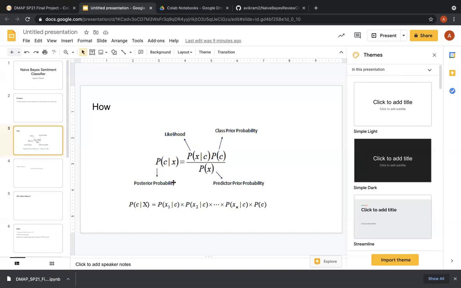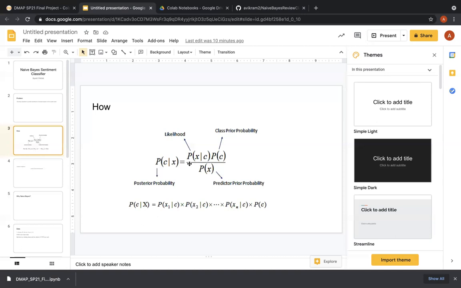To calculate the posterior probability, we need to calculate something known as the likelihood probability. The likelihood probability, as you can see, is the probability of X given C. And X is just the words that make up the review that we're trying to classify. By words, it can mean unigrams, which are just single individual words.